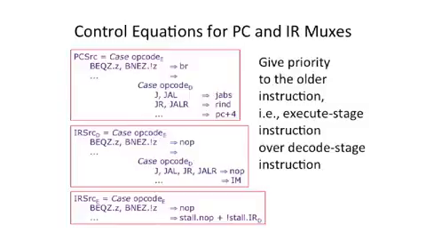I wanted to point two basic things out in these equations: the older instruction, or the thing that's farther down the pipe, is going to get precedence over younger instructions, for the control signals going down the pipe. If we look at this PC mux select, it actually has things coming out of different stages of the pipe.